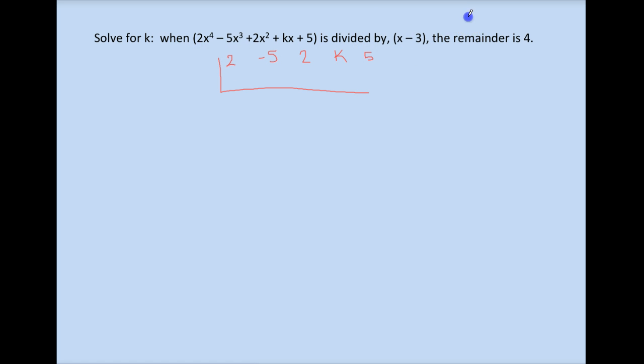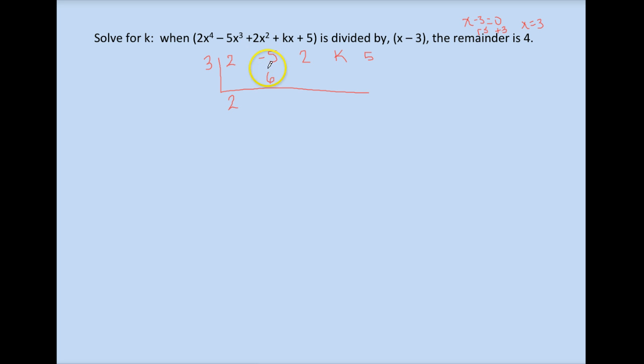You set x minus 3 equal to 0 and solve, and we're going to be using 3 for our x. So right here, I put the number I'm dividing by, which in this case is 3. You drop the first number straight down, so I drop the 2 straight down, and then you multiply. 3 times 2 is 6. You place that underneath the next number.